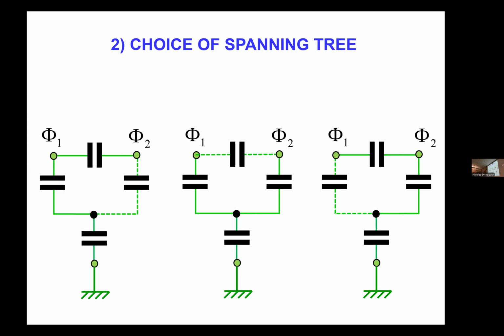But in this case, the phi2 is actually the phi of this node plus this branch. So you see in these three cases, my position variables will be different. It's a bit like in mechanics, you could define the position in different coordinate frames.